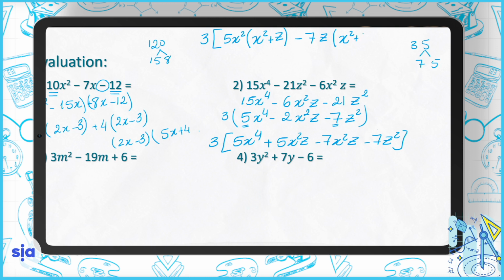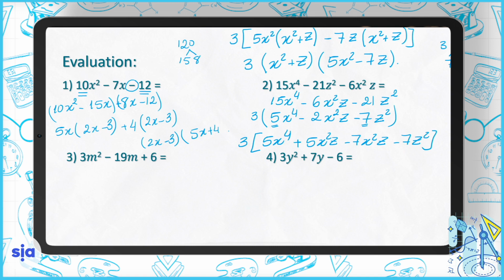So it's x squared plus z. Then here is the 3, and then the common bracket x squared plus z, and then the singles together in one bracket 5x squared minus 7z.